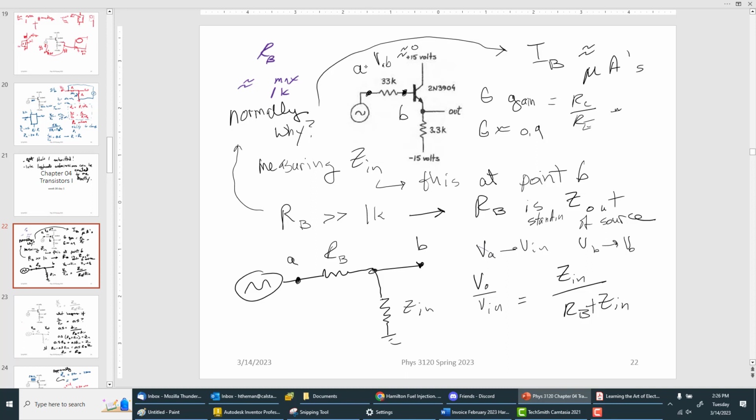Because we know that our function generators have a very low Z out. They have a 50 ohm Z out, so they basically can supply all the current that we need to maintain a certain voltage.